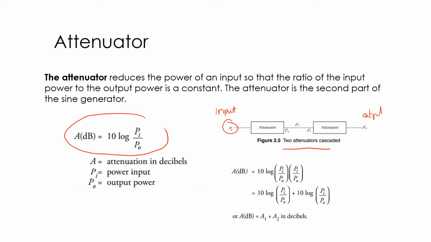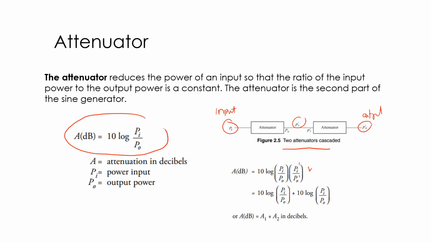So in this figure, if we have two attenuators, the total is that we have to calculate the two ratios between the input and output power, like this one: 10 log Pi per Po, and Pi' per Po', because we have the Pi' and Po' here.